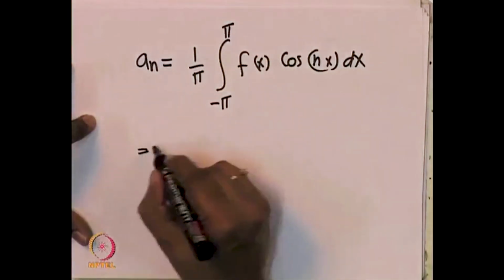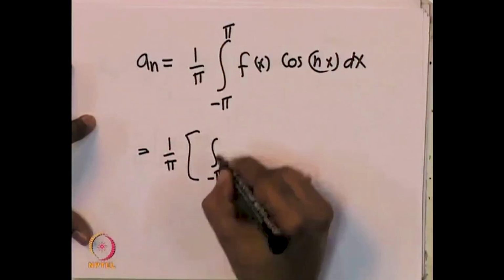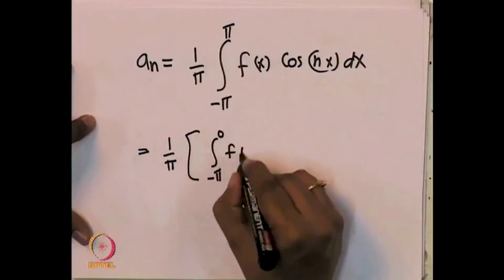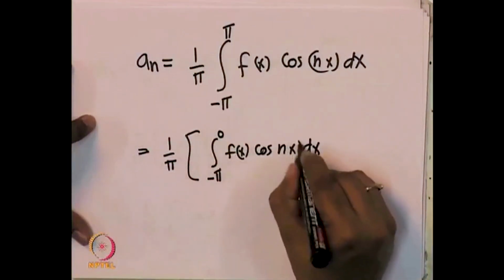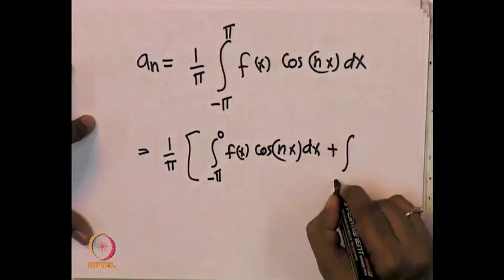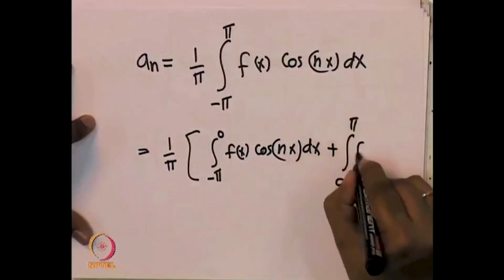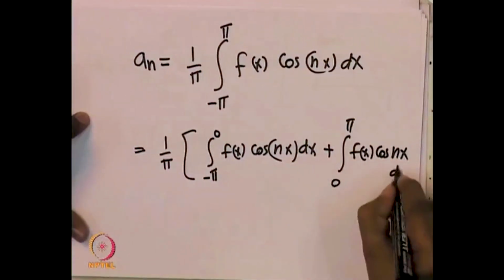So, this whole thing can be written as 1 over pi into, as we said, integral minus pi to 0 f of x cos n x dx plus integral 0 to pi f of x cos n x dx.